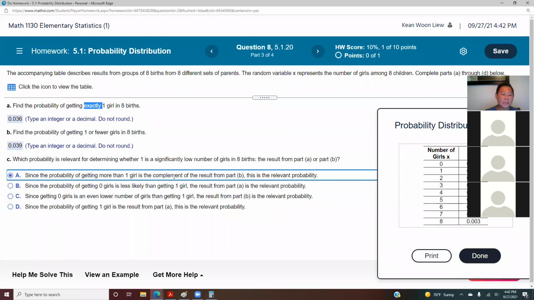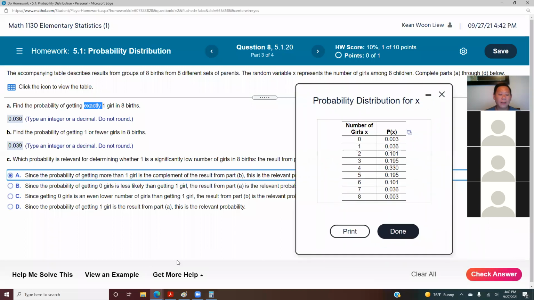Complement means opposite. So since the probability of getting more than 1 girl is the complement of the result, complement means the opposite. So like if I say 30%, the complement will be 70%. So complement means like the opposite of 30%, which is 70%. So this is the answer in this case.